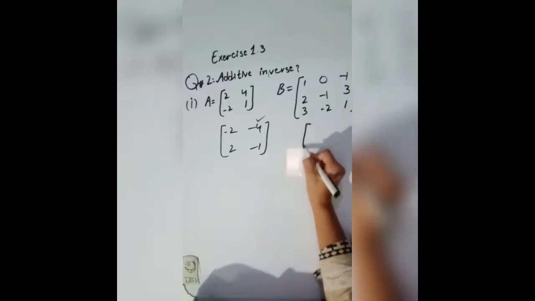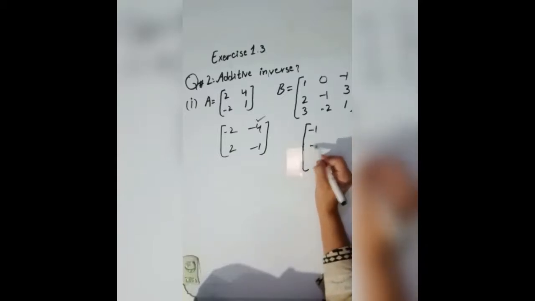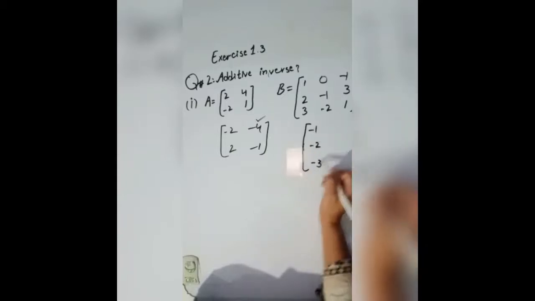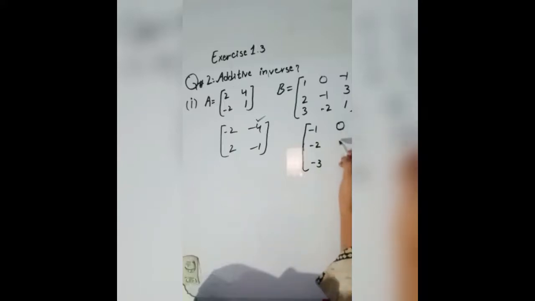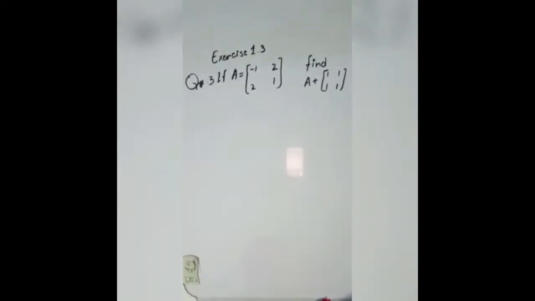So its additive inverse is what? इसका एडिटिव इनवर्स हमारे पास क्या आ जाएगा? -1 -2 -3, 0, 1 2 1, -3 -1. So in this way we can find additive inverse of matrix.